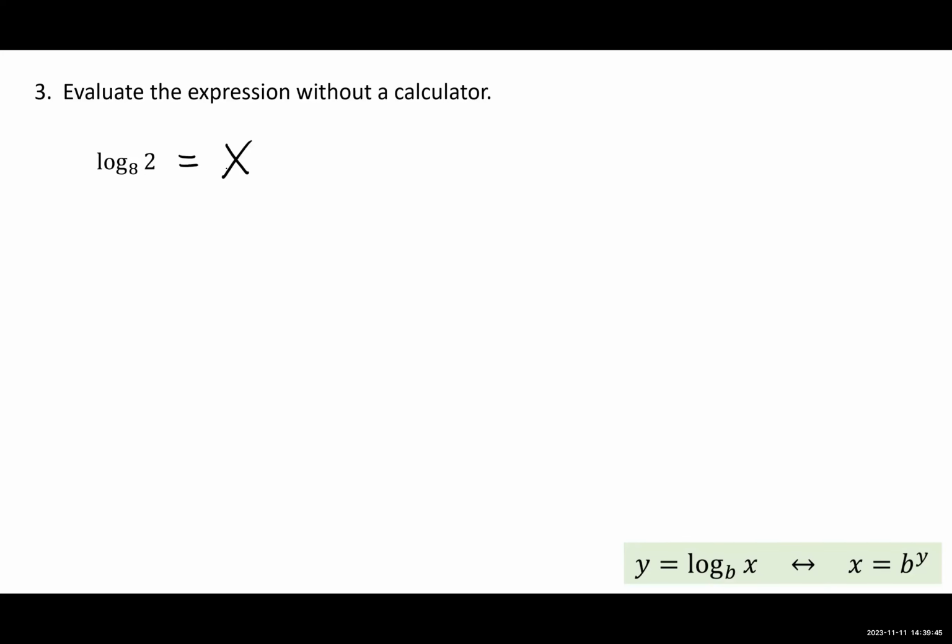This is a little bit different than the way I wrote up the last one, but we're doing the same thing. We're taking a logarithmic expression and rewriting it in exponential form. 8 to the power of x is equal to 2.